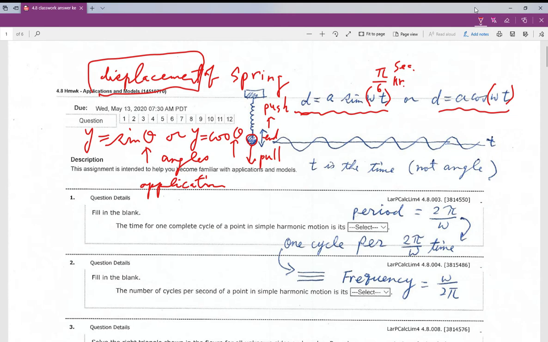So displacement means if this end goes to here, then the distance will be d, right? If you pull to here, then you pull the distance d.